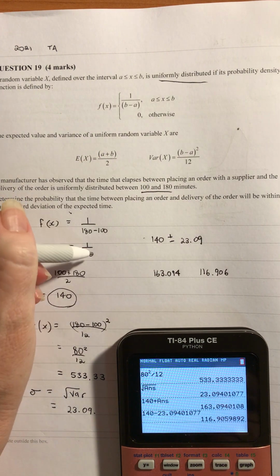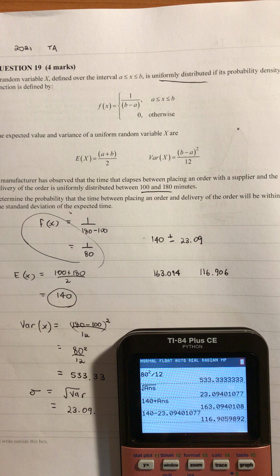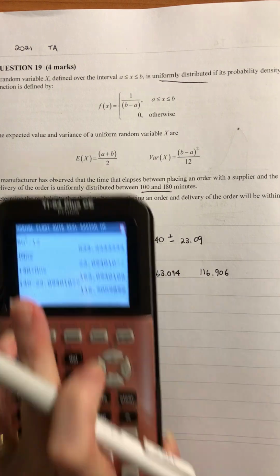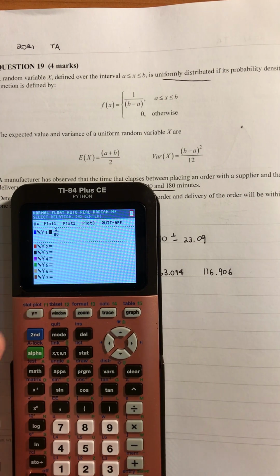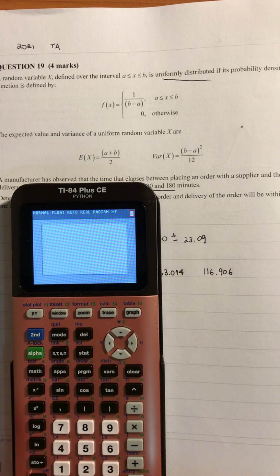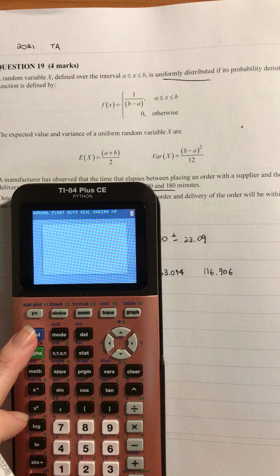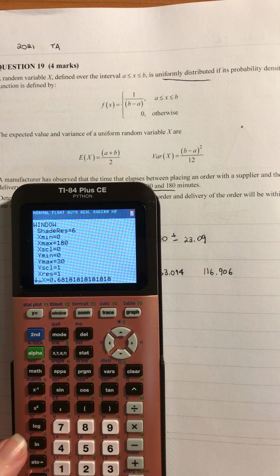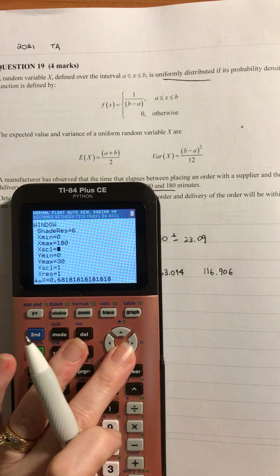Now that's where we can go back to that original equation there, and we know that the probability is going to be the area under the curve. So if we do the integral of that, we can pop that function into our calculator and graph it. It's taking a little bit of time, and just checking what my window is.